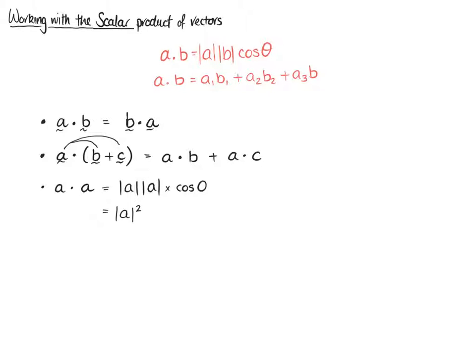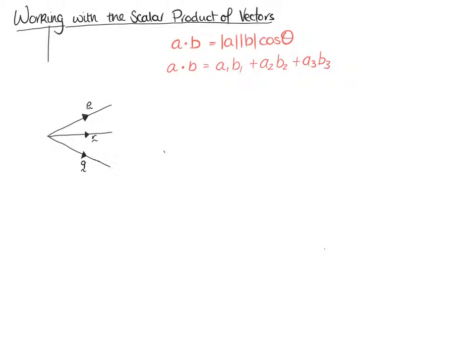Okay, so we're going to do an example. Here's our example. We've got three vectors P, R and Q. We're going to say that the magnitude of P is equal to the magnitude of R, which is equal to 5. That's just 5 units, it doesn't matter what unit because we're not being told. And we're going to say that Q is 7.